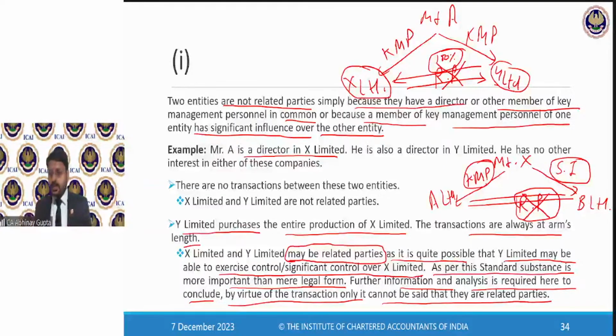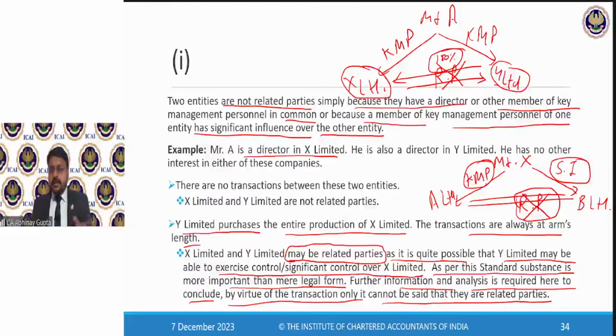And if we are able to see that Y Limited is actually taking all the major decisions for X Limited, if that is the fact coming out of that further analysis, then certainly we can conclude that yes, Y Limited has control over X Limited by virtue of being the sole customer of X Limited, as X Limited is completely dependent on Y Limited for all its business operations, right?